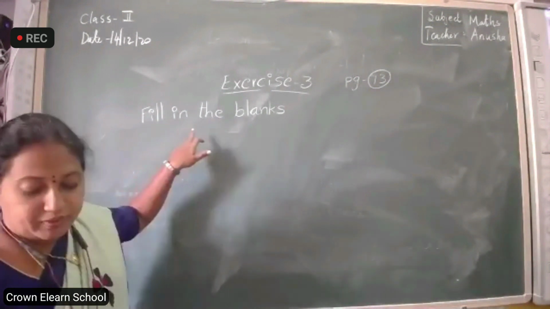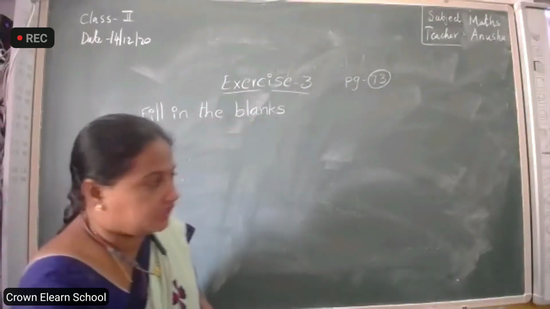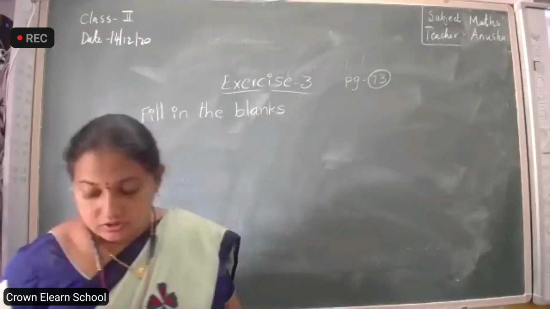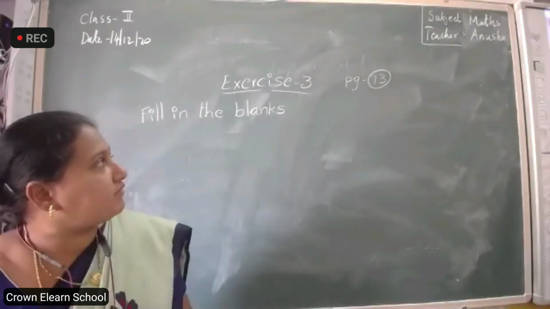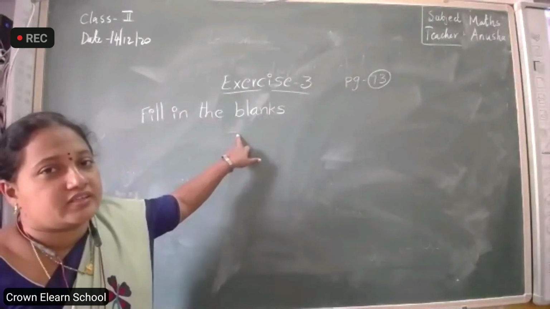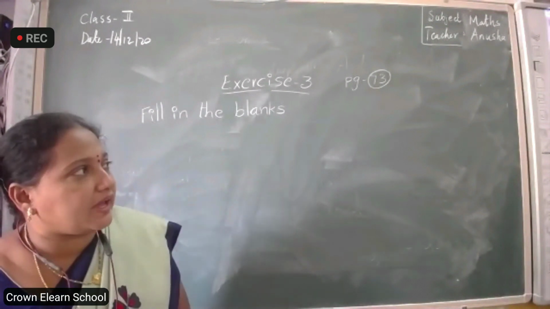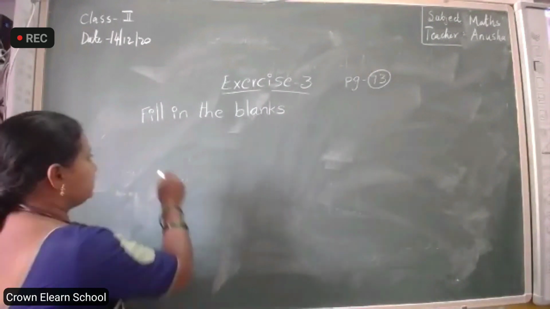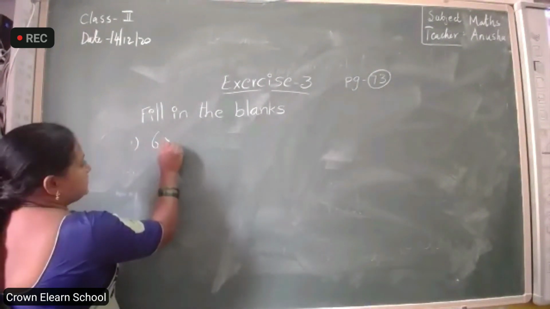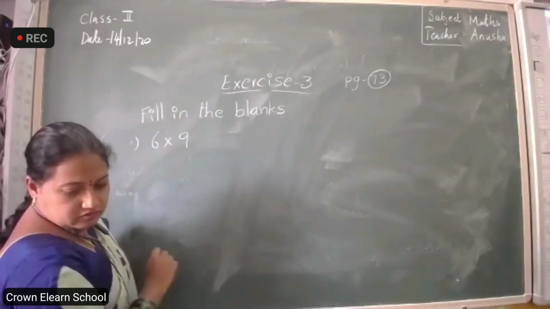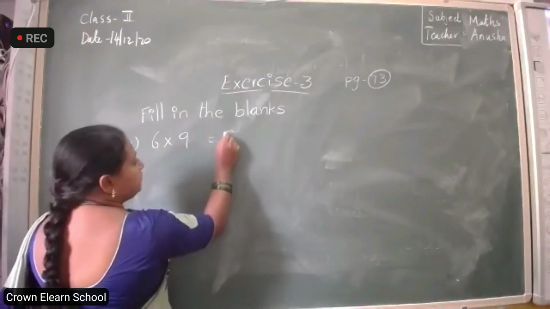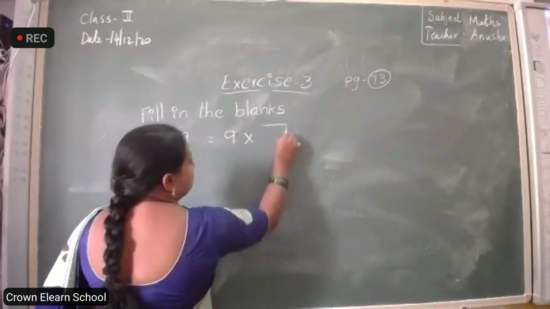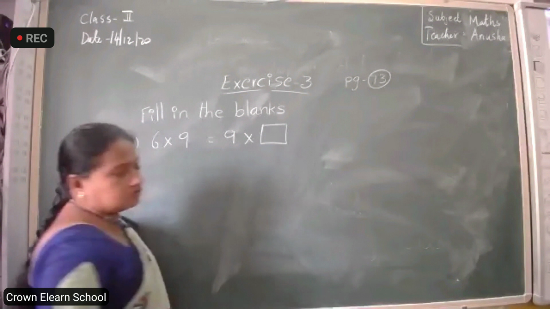Now open page number 73. Exercise 3. Fill in the blanks. Look at the first one: 6 into 9 is equal to 9 into blank.